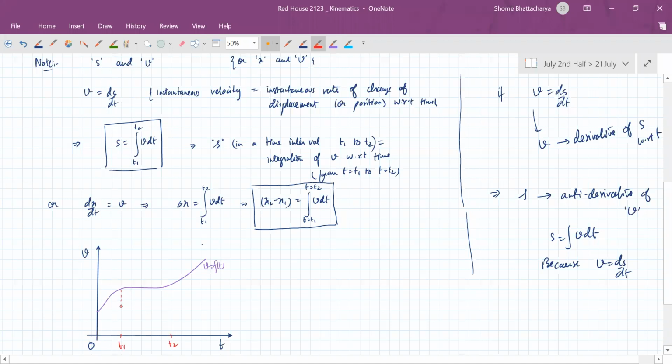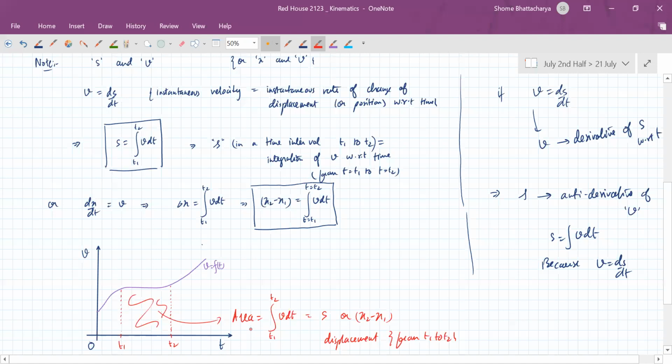Then what represents the displacement in this time interval? It is this area. So this area, which is basically the integration of v dt from time t1 to t2, that represents the displacement, or the change in position from time t1 to t2.